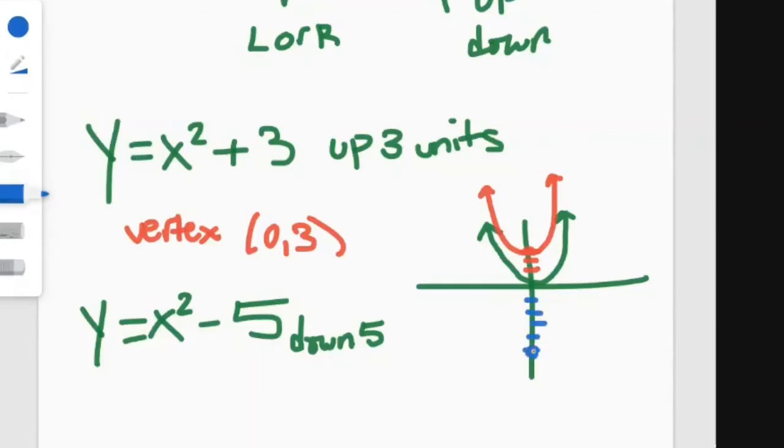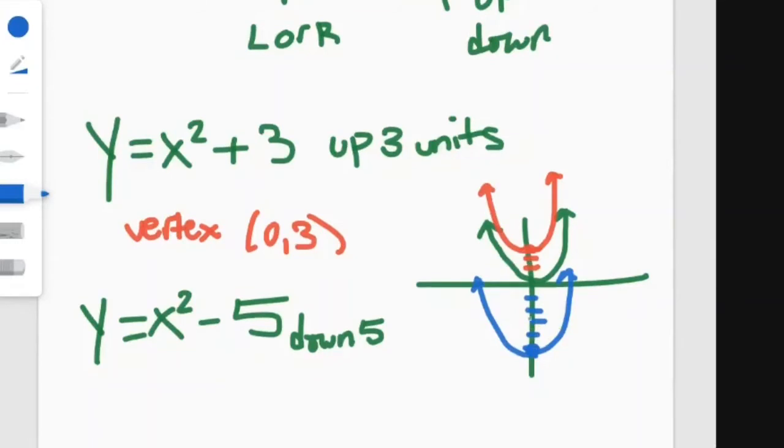This is just a rough sketch. On Thursday, you were given an assignment where you had to sketch it. If you weren't sure about the vertex or graphing, this is what you would do. Now this vertex would be 0, -5, because we've moved down 5. So that was for last week.